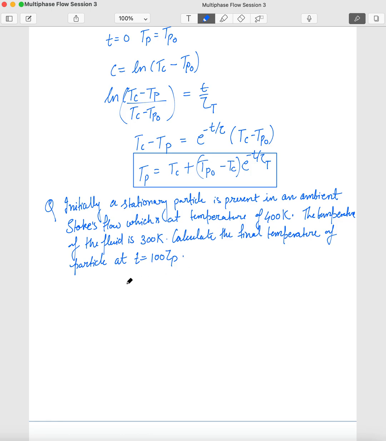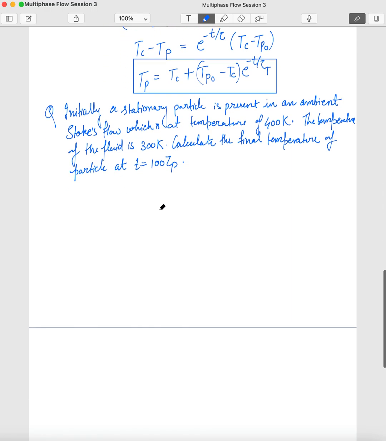Okay, so let's solve this question. So basically the question is, we have to find the temperature at time t equals 100 tau p. So Tp is equal to Tc, we know that, plus the initial temperature difference.